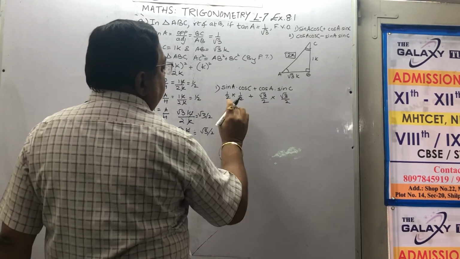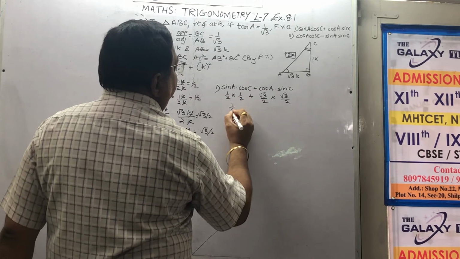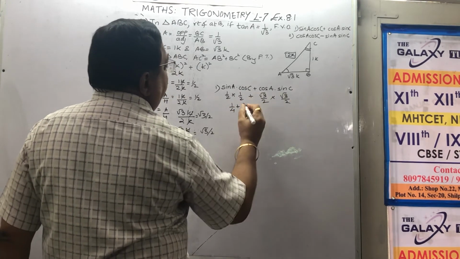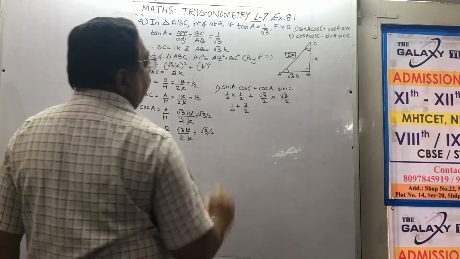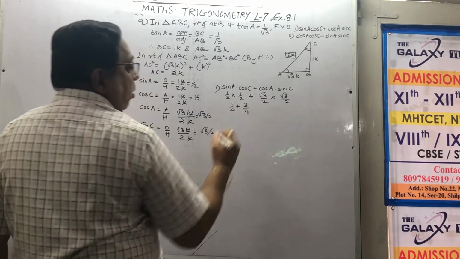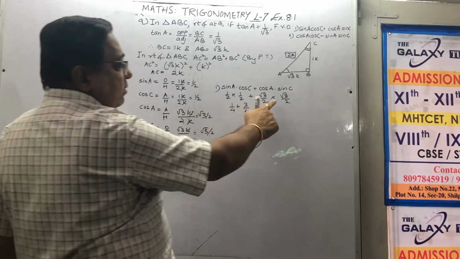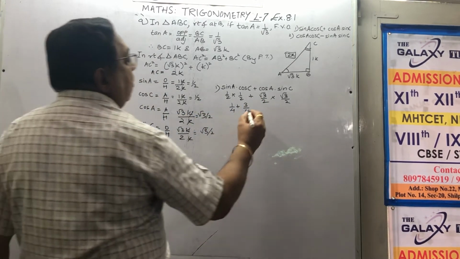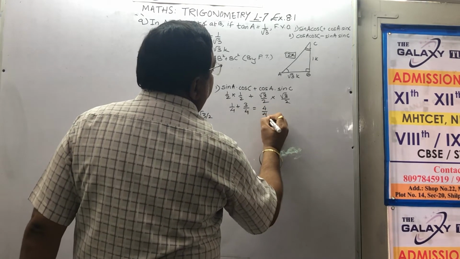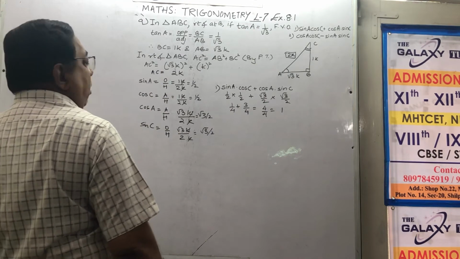First multiplication, then addition. 1 by 4 plus root 3 multiplied by root 3 is 3. This is not LCM. Don't make a mistake. Numerators multiply. This is 4 upon 4, that is 1. So I found the answer to the first one.